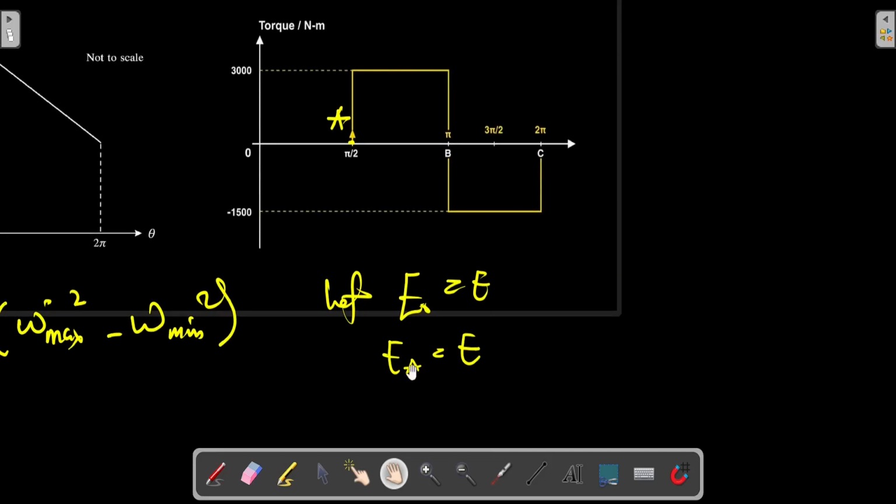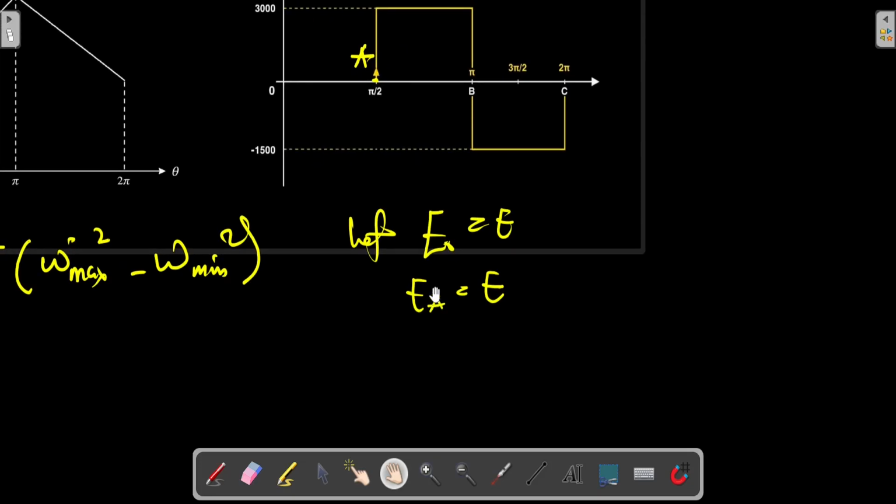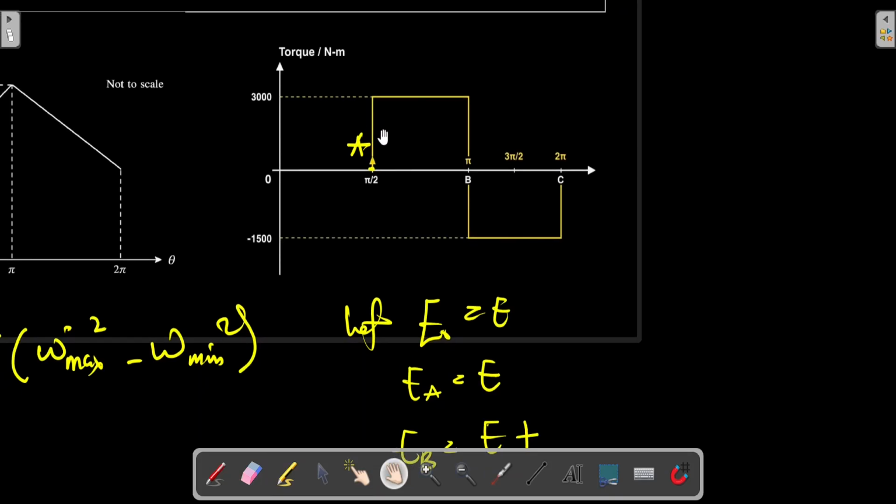Now, what will be the energy at B? The energy at B is simple. It will be the energy at A plus this fluctuation, and the fluctuation is positive. So the energy at B is equal to the energy at A, which is E, plus the fluctuation. We need to calculate the area, which represents the energy produced by the engine. This area looks like a rectangle, so it is just the length multiplied by the width.